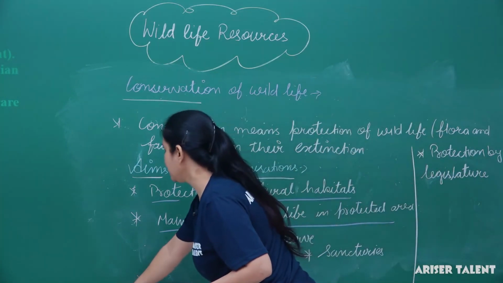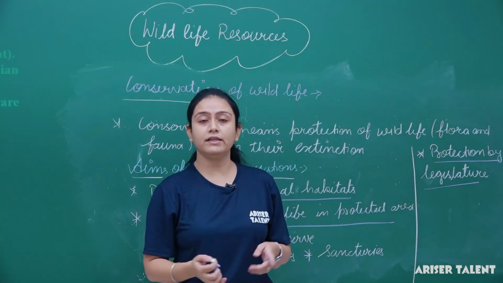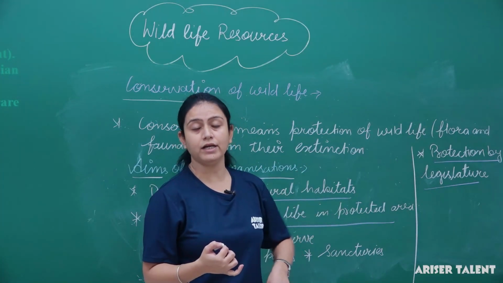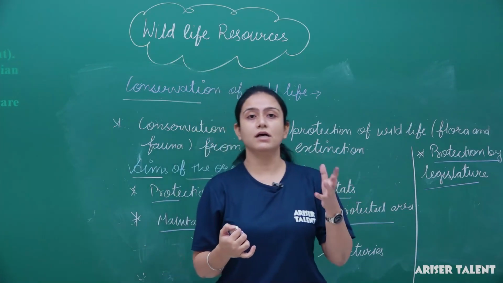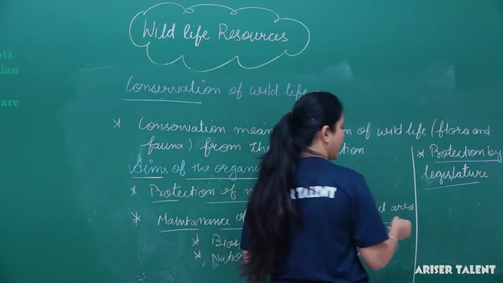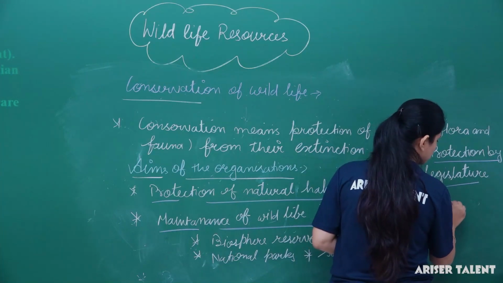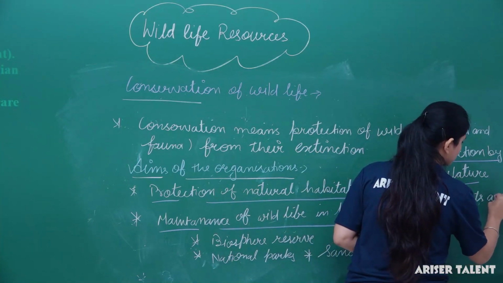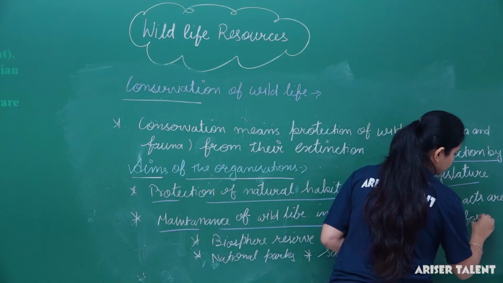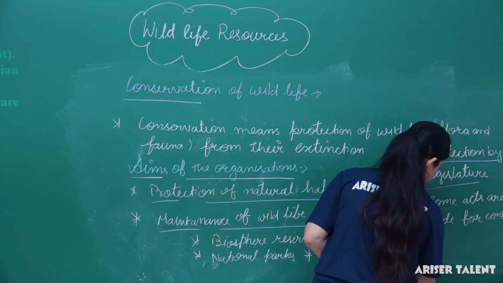Protection by legislature means many rules are made for the conservation of wildlife. Endangered animals cannot be hunted. Endangered flora, meaning plants, cannot be cut down. So we can say many acts are made for the conservation of wildlife.